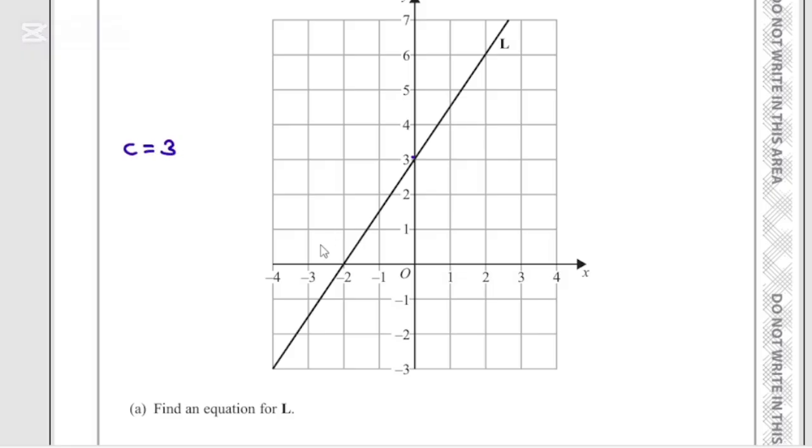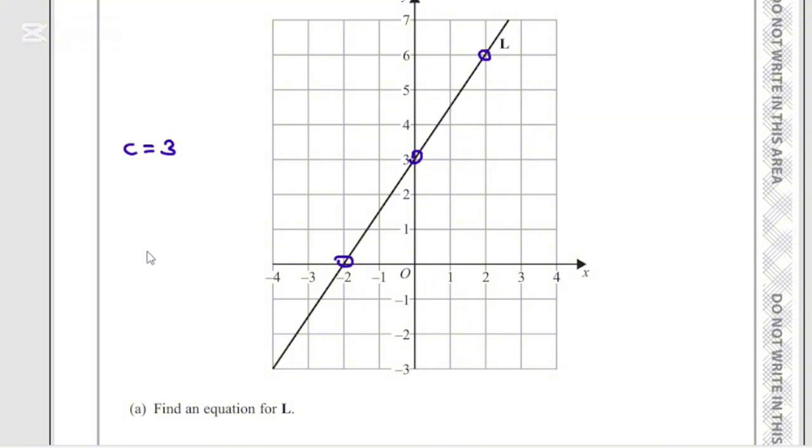Then next we find the gradient. How do you find the gradient of this line L? We look at the points at which this line L is crossing exactly on the corner of the square or the grid. So you can see that it's crossing exactly on this corner here, also here, right?